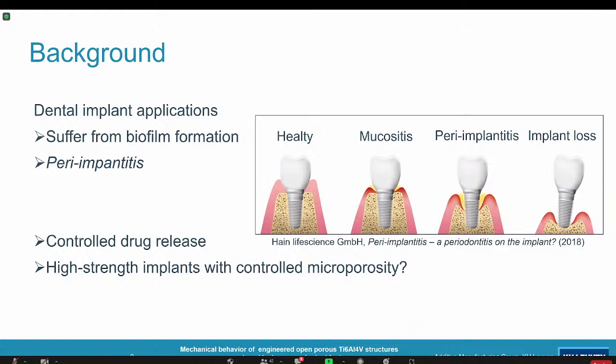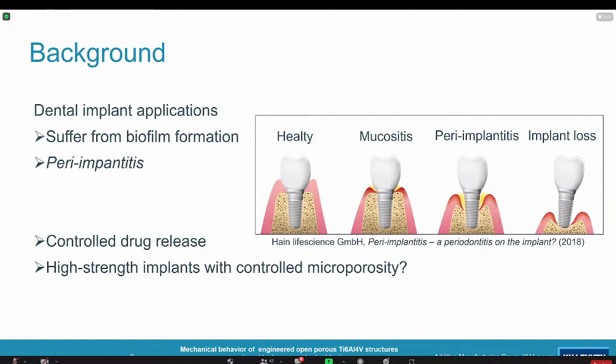To prevent this, we would like to locally apply drugs, but the problem is trying to find a place to do this. So we thought of placing the drug reservoir inside of the implant, but then we need a way to get the drugs outside the implant again, and this we would like to do with controlled drug release.